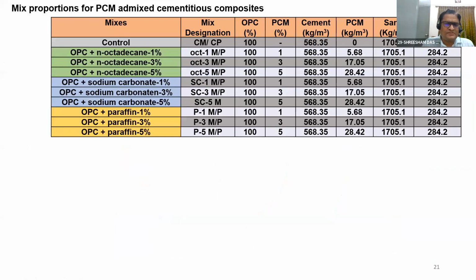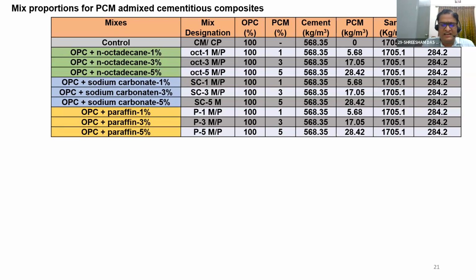So these are the mix proportions: control, then OPC plus N-octadecane 1%, 3%, 5%, sodium carbonate 1%, 3%, 5%, then OPC plus paraffin 1%, 3%, 5%.